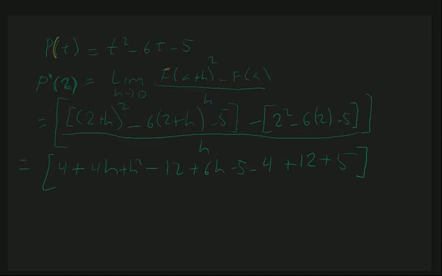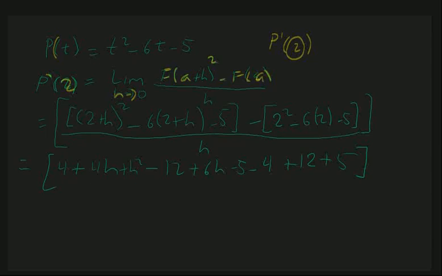Let me do one problem. Let's say you have f of t equal to t squared minus 6t minus 5, and solve f prime of 2. So f prime of 2 equals the limit as h approaches 0 of f of a plus h squared minus f of a.